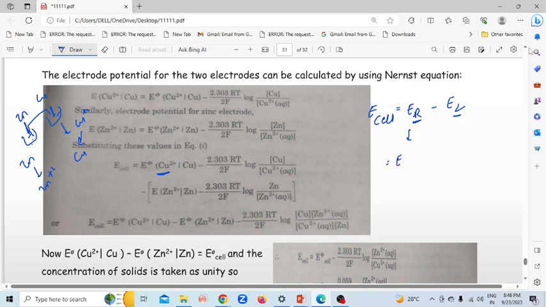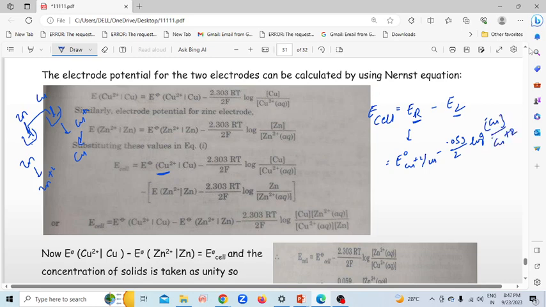It will be E0 of Cu plus 2 to Cu, then minus whatever the quantity is. Suppose we are taking room temperature only, and 2 electrons are involved, so we can say 0.059 upon 2 times log of the ratio of copper to Cu plus 2 concentration.